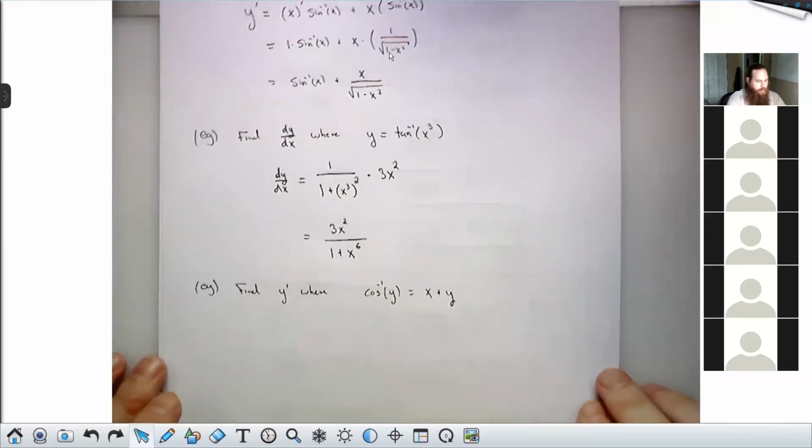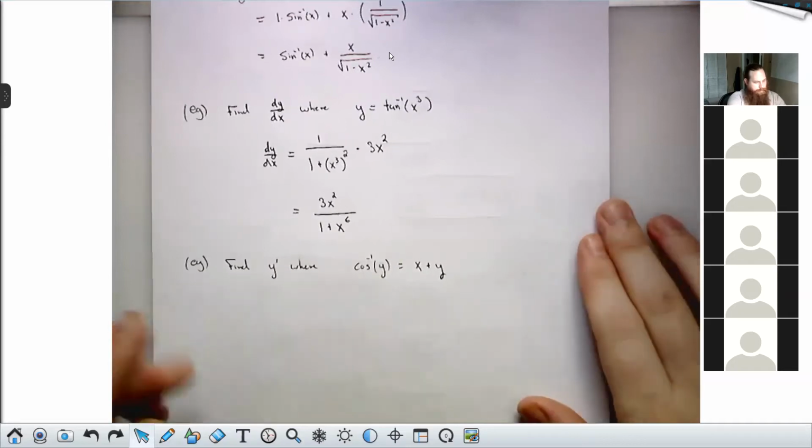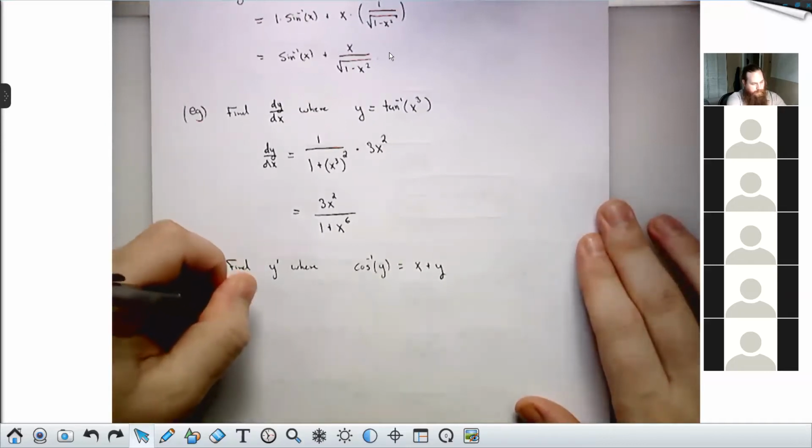Here I would differentiate on both sides.